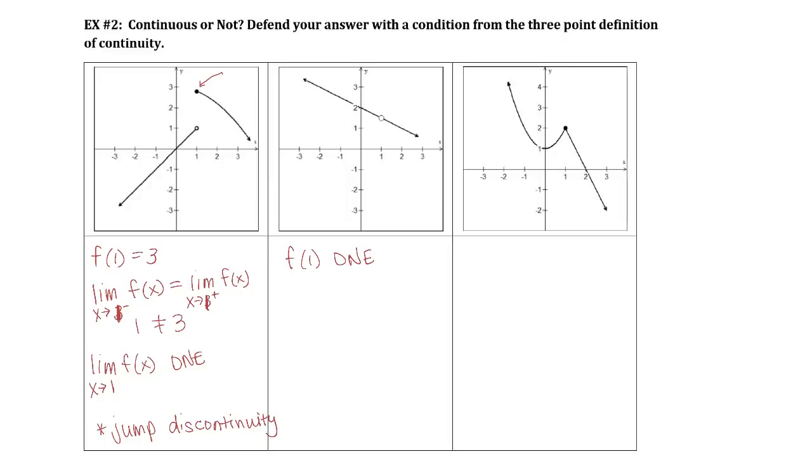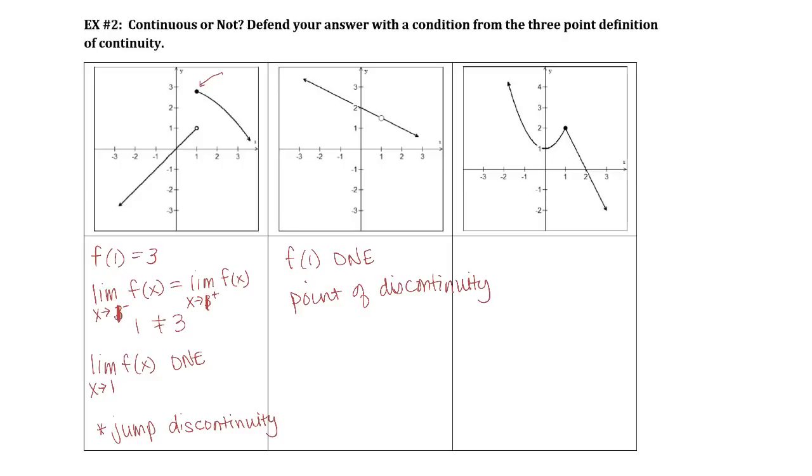This is just going to be a point of discontinuity because it's a removable point. Looks like we were able to factor and cancel.